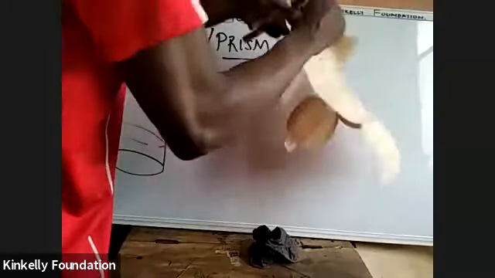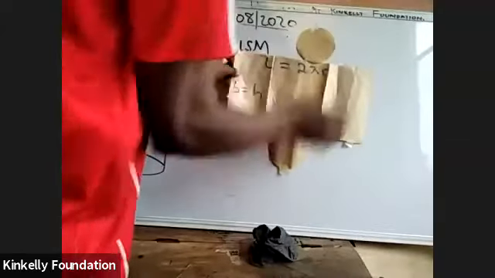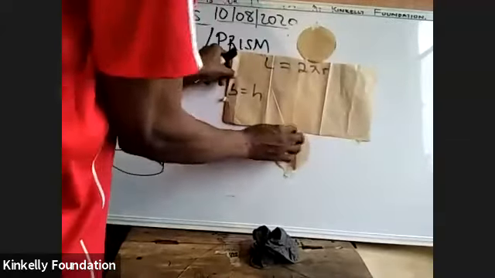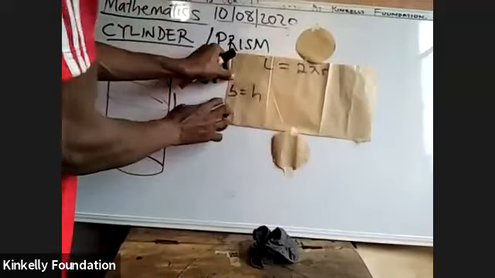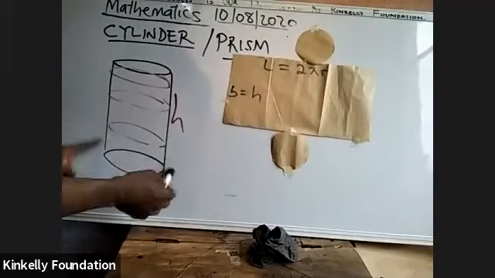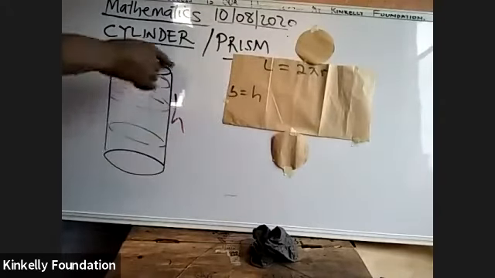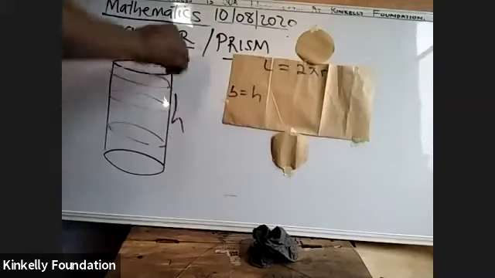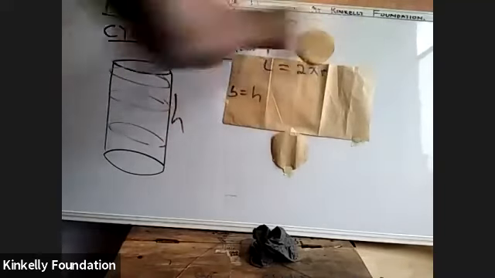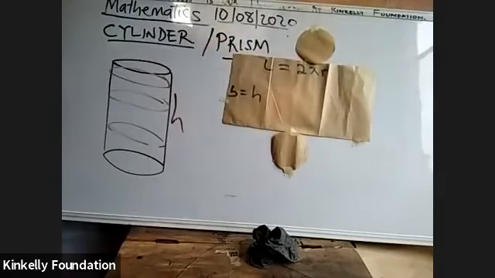If you turn this in this way, the height of this cylinder is the breadth of this rectangle. And the circumference of the circular base is the length of the rectangle.